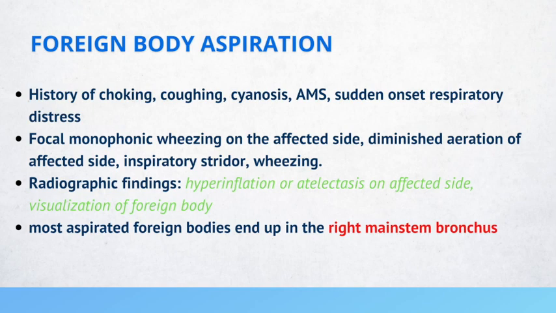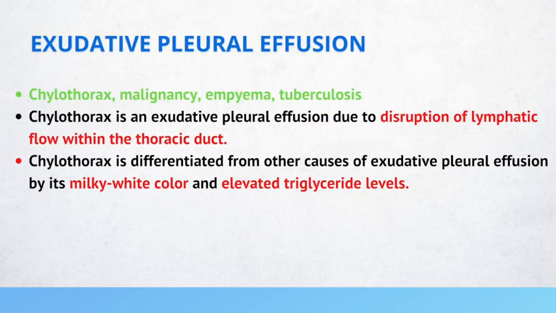Exudative pleural effusion. This can be due to conditions such as a chylothorax, malignancy, empyema, or tuberculosis. A chylothorax is an exudative pleural effusion due to a disruption of lymphatic flow within the thoracic duct.